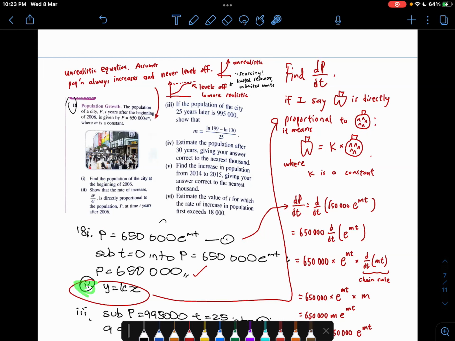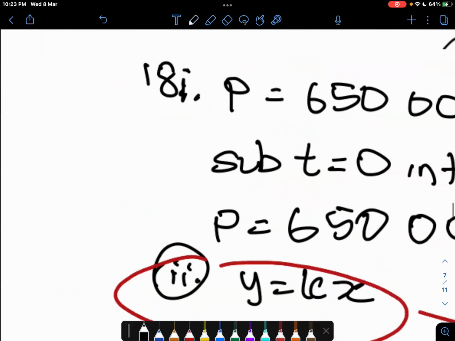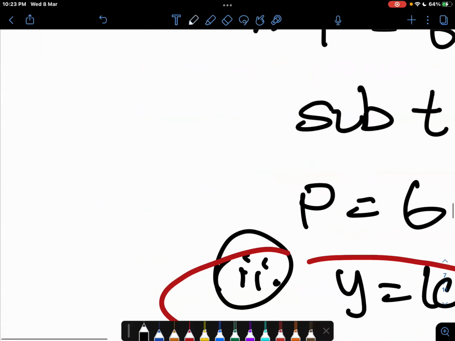Part two, this one you know: y equals kx is the equation for y directly proportional to x. However, over here, what they ask you to do is show that dP by dt is directly proportional to something. Here, dP by dt is replacing your y. Typically in E-math, the questions they'll ask are, y is directly proportional to x.